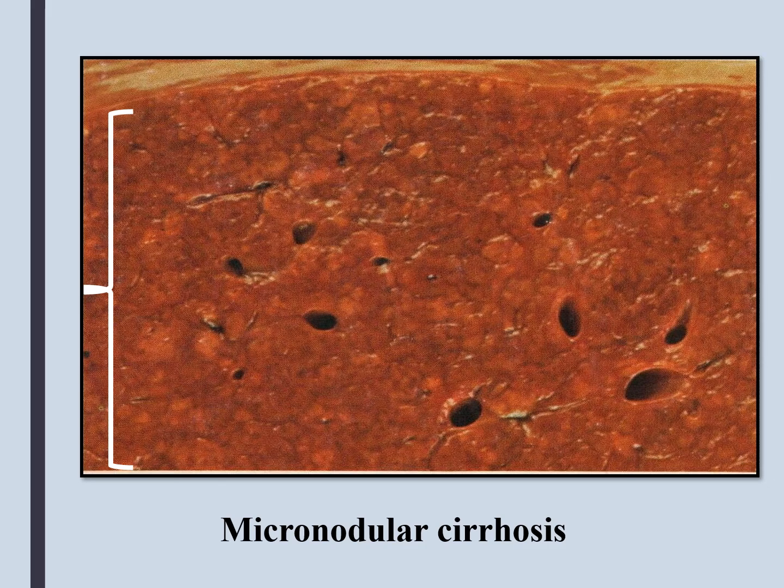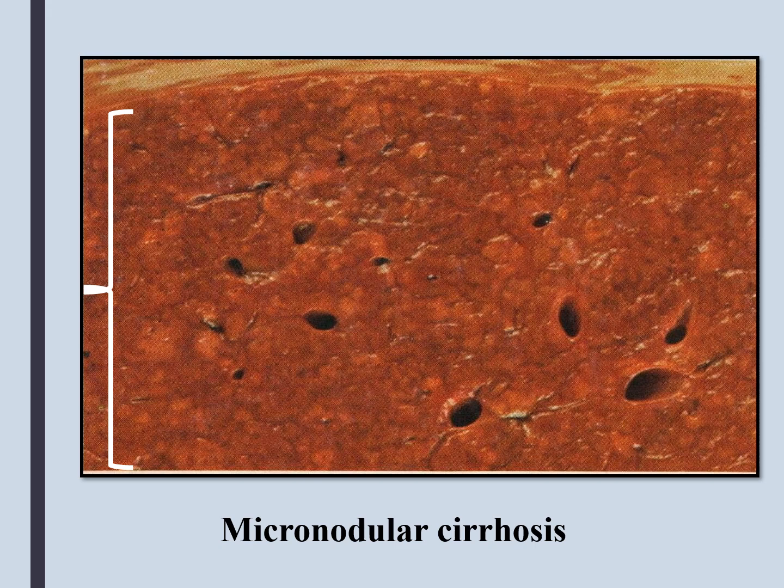Now, on gross or macroscopical examination of a cirrhotic liver, the surface is characterized by being diffusely nodular, and according to the size of the nodules, cirrhosis can be classified into three types: micronodular cirrhosis, macronodular cirrhosis, and mixed nodular cirrhosis.